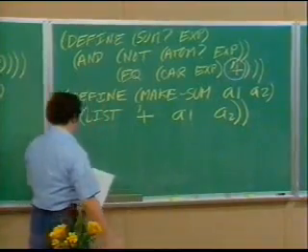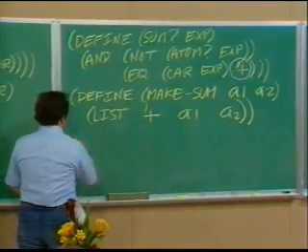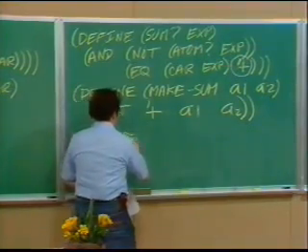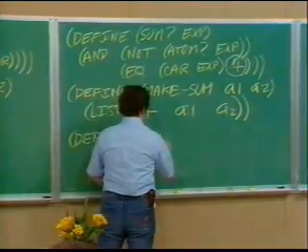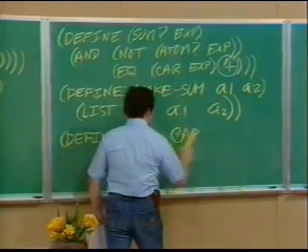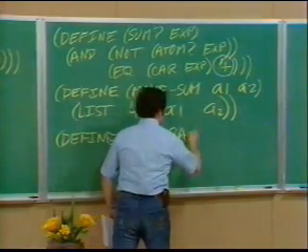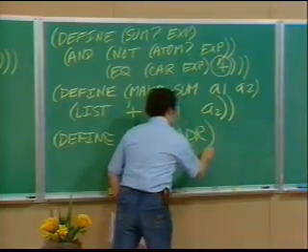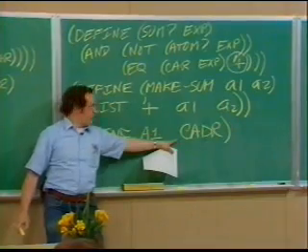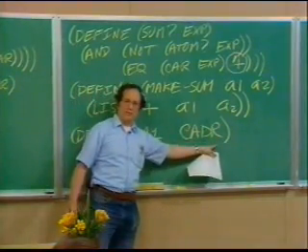And I can determine the first element, define A1 to be cadr. Oops. I've just introduced another primitive. This is the car of the cdr of something.